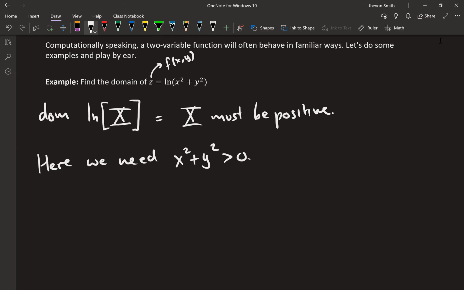Does that mean that any x and y values can work? Are there any restrictions on that requirement? Are there any values that I cannot pick?